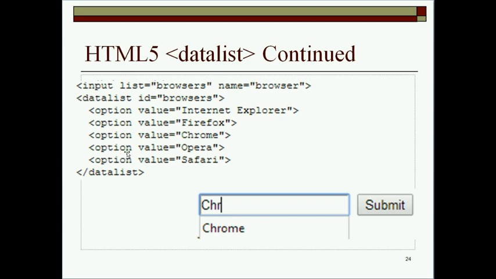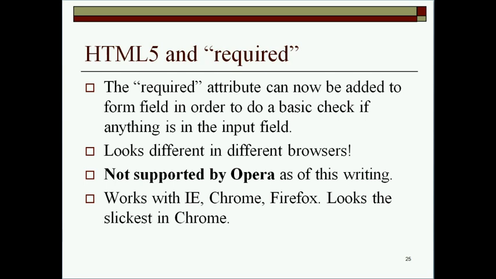This is the way that it appears. This is the HTML for it, data list, and when you render this and you start typing, then whatever inputs were coded as options that match what you're typing appear as options to select. The required attribute.